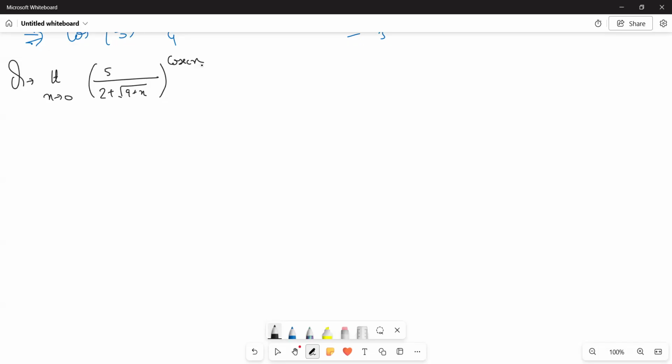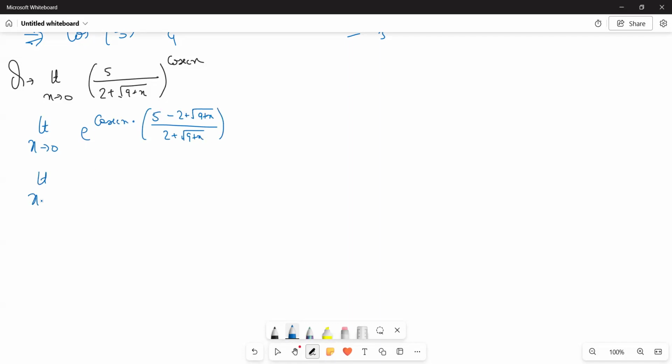1 power infinity. Correct, 1 power infinity. So since it's a 1 power infinity form, we solve it by the standard method. Limit x tending to 0, e to the power g(x) into (f(x) minus 1). So 5 minus 2 plus root of 9 plus x by 2 plus root of 9 plus x.